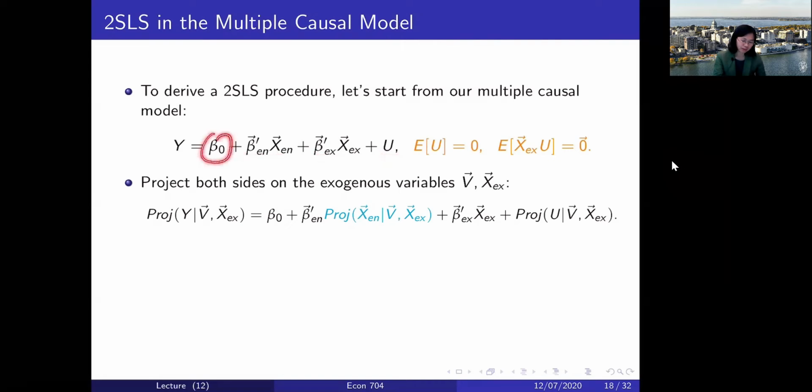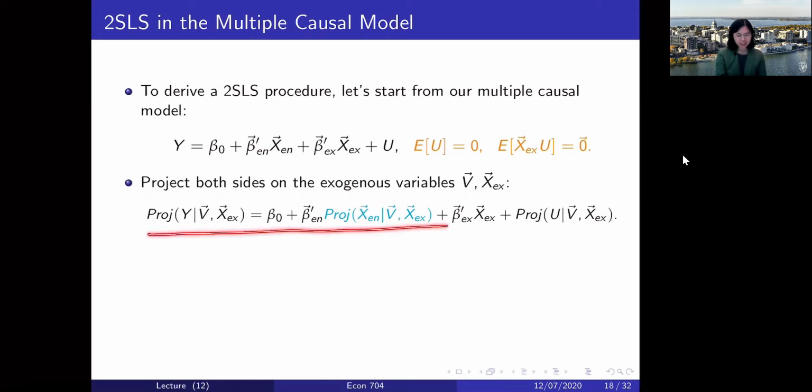So the projection of beta 0 is still beta 0. The projection on V and Xex of this linear function of Xex is itself. And the projection of this term becomes beta En prime, projection of Xen on V and Xex. And the projection of U on the two terms will be left here.